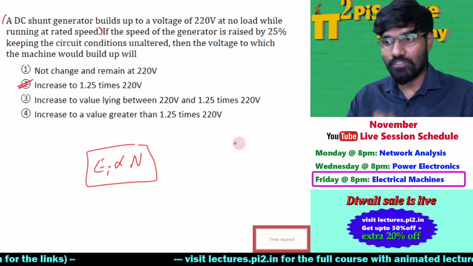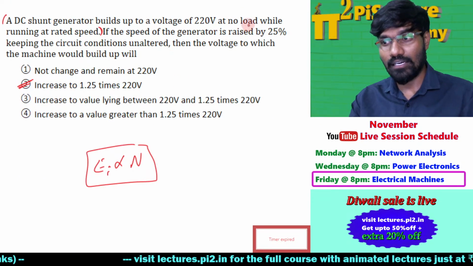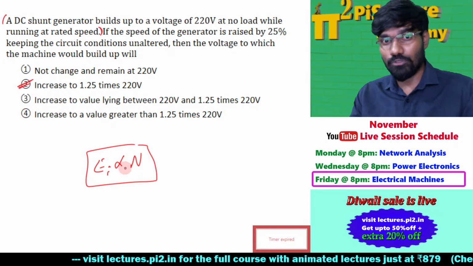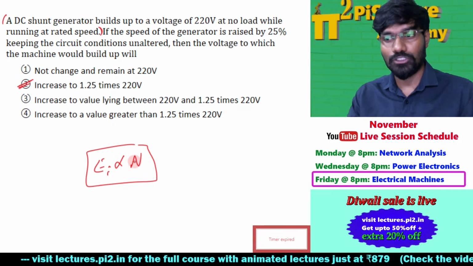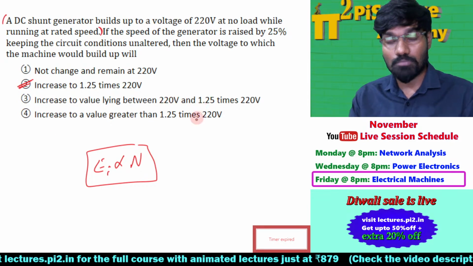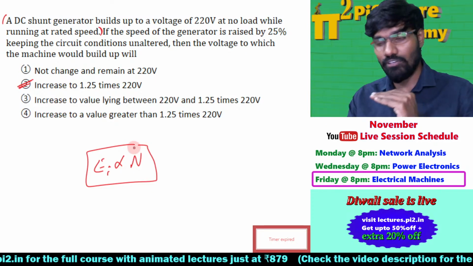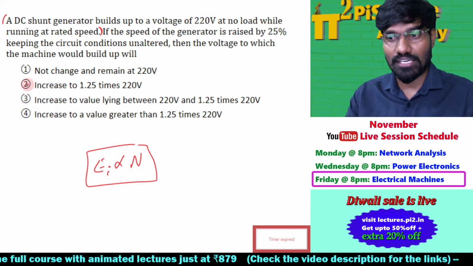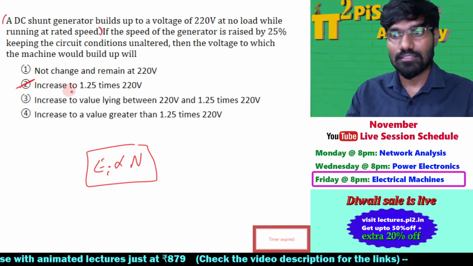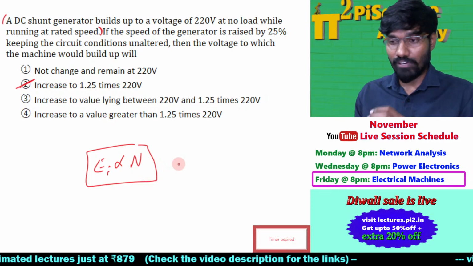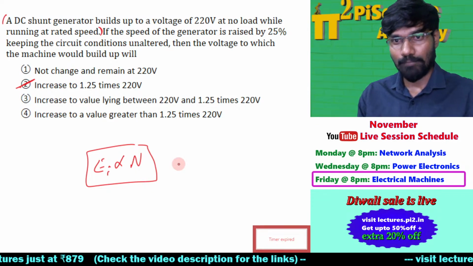That saturation will not allow the EMF to rise proportionally. So that's in between. But if it is speed, yes, it will increase proportionally. So the answer is exactly this. Don't get confused between flux and speed. You need to be clear with that.